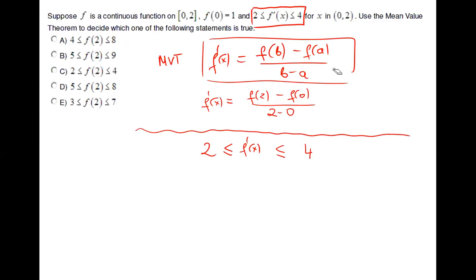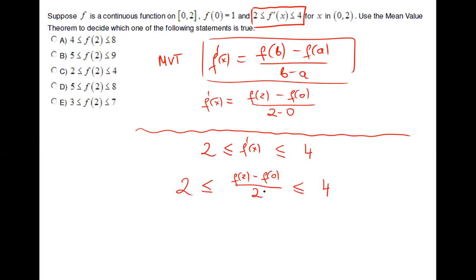And based on the mean value theorem, I can replace the derivative with this value, f of 2 minus f of 0 over 2 minus 0. That means f of 2 minus f of 0, and 2 minus 0, of course, is 2. I have the value for f of 0, and I can isolate f of 2 in the middle, and then I will get the values.